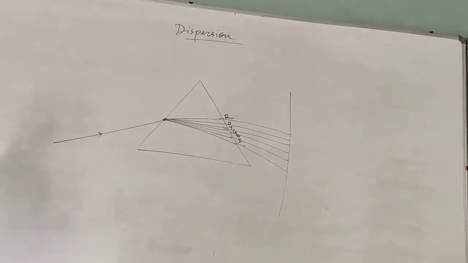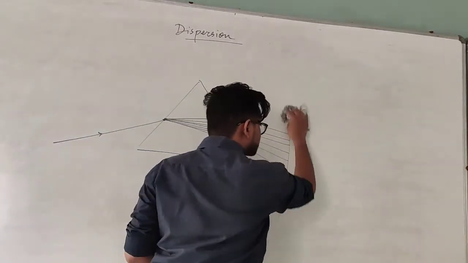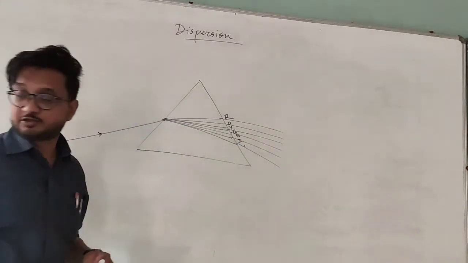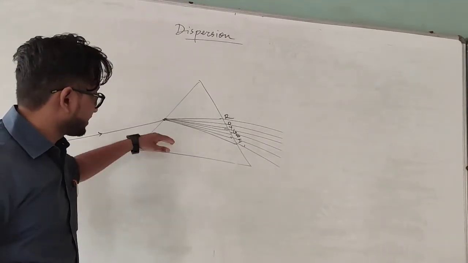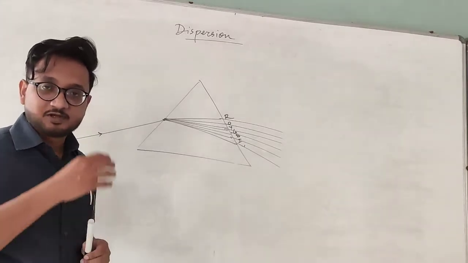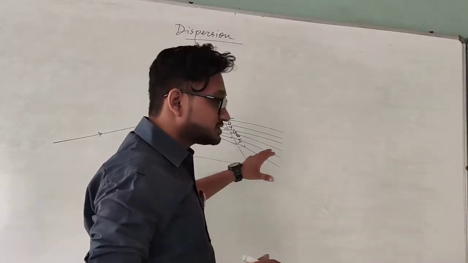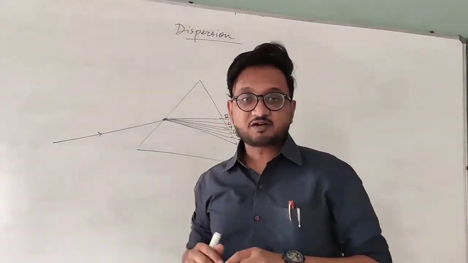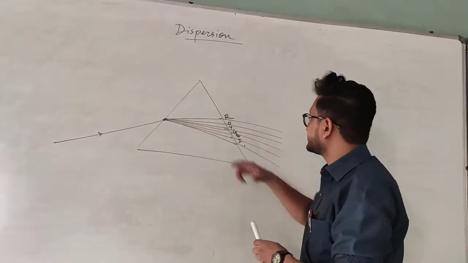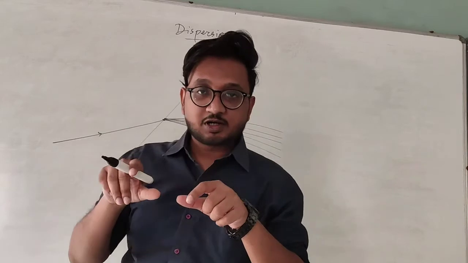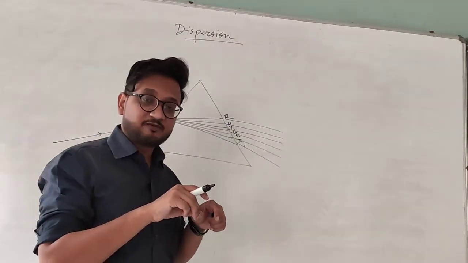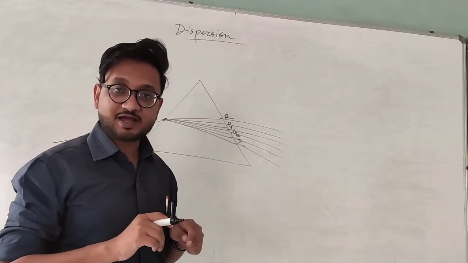So what he did was he used 2 prisms, in different angles. He placed one prism like this and another prism the same way over here, and he tried to split them even more by placing them at certain angles.